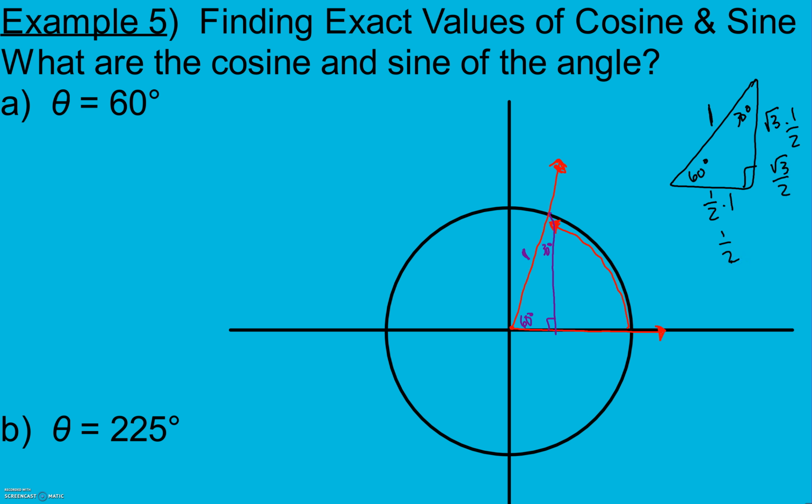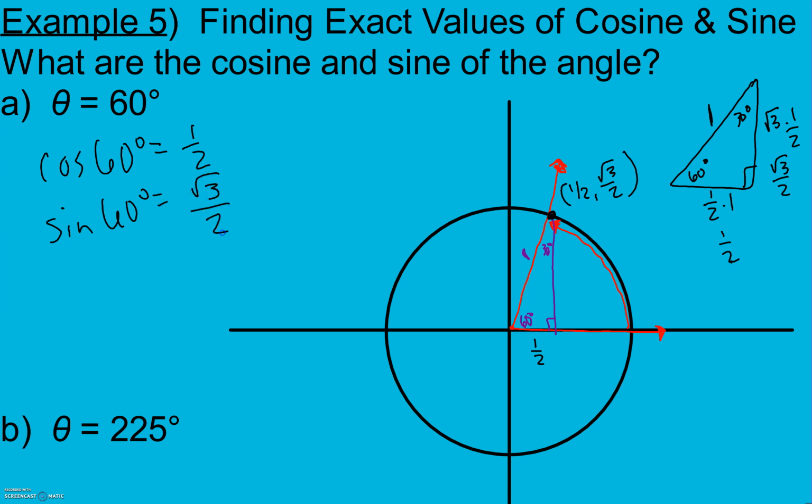And you guys might have learned that before in various classes. But that's always our relationship here. So this distance is 1/2. And our height here is square root of 3 over 2. So cosine of 60 degrees is our x value, half. Sine of 60 degrees is our y value, square root of 3 over 2.